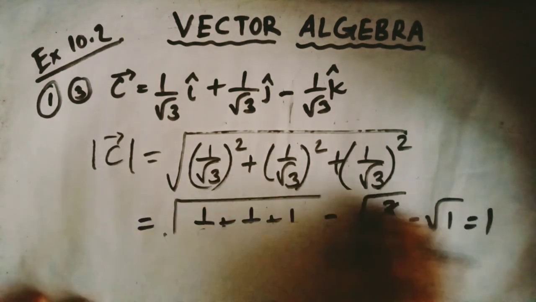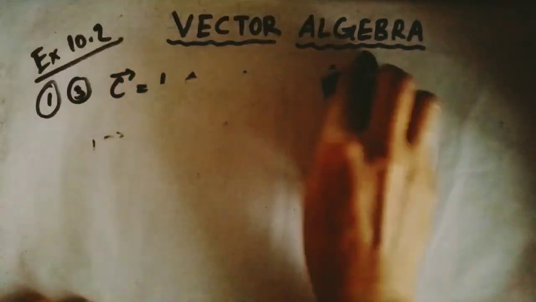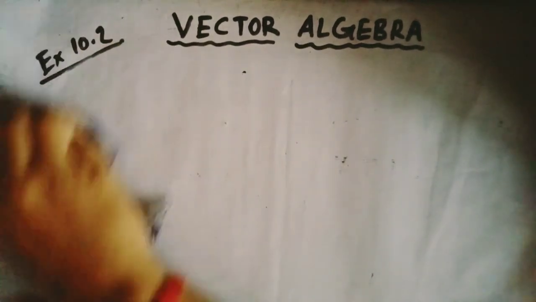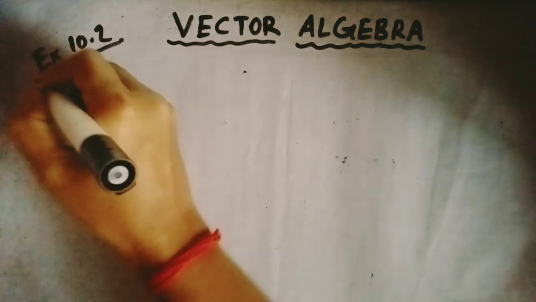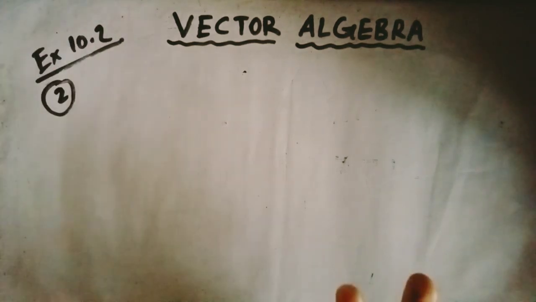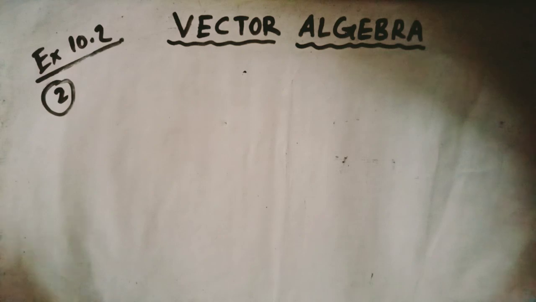The next question is to write two different vectors having the same magnitude. Signs can be different.